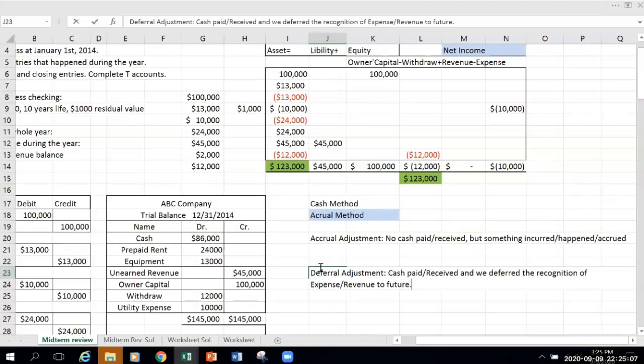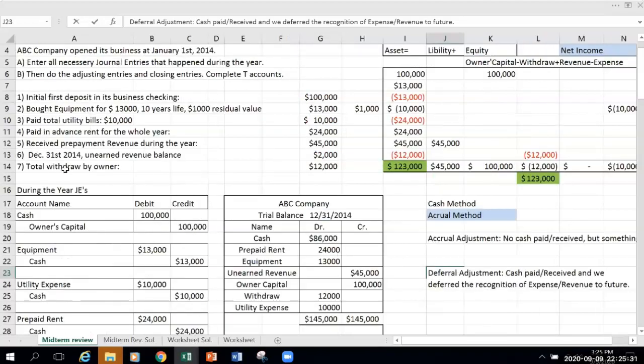And today is the end of the year, and you've been in that property for 12 months, so you need to recognize rent expense. Or someone paid you cash, so you received cash, and you deferred the recognition of revenue to the future. By the end of the year, you go to management and say, you remember we have received, let's say, $45,000.